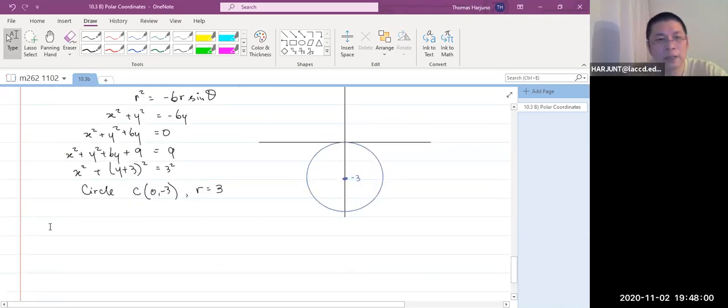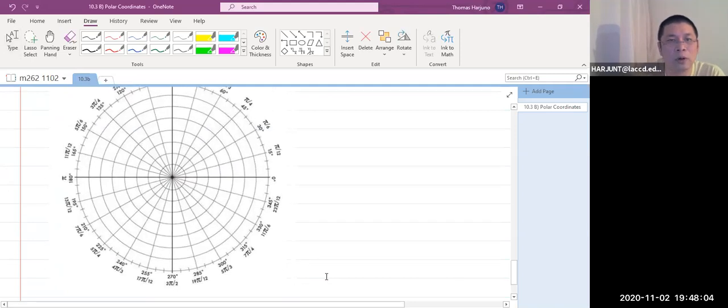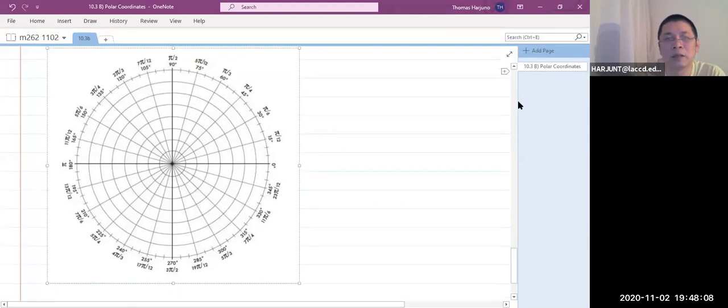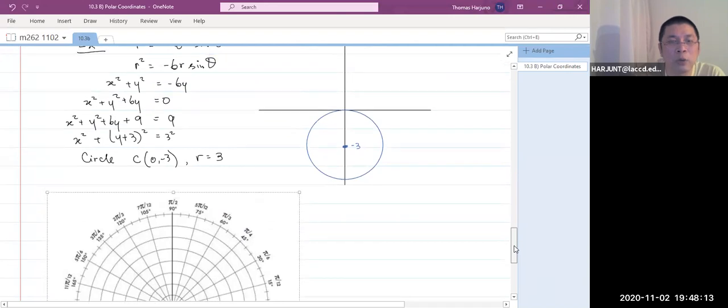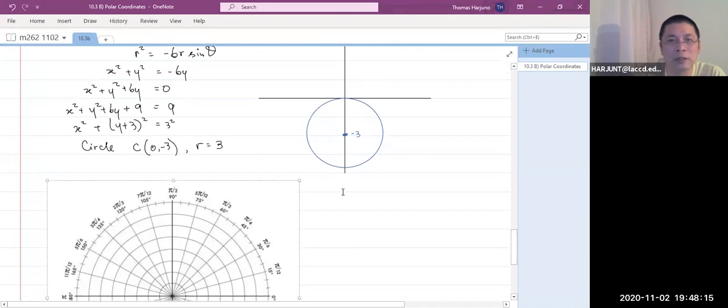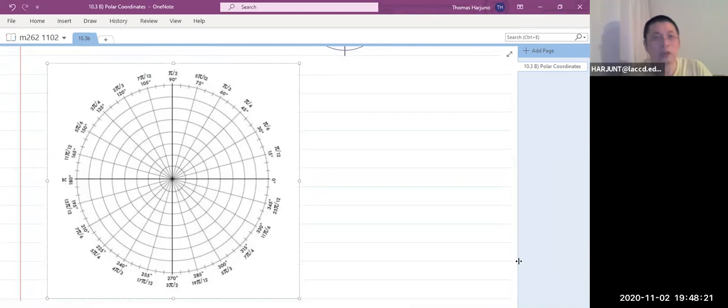Can we graph this on the polar coordinate system instead of simply the rectangular one? In other words, we want to get the same graph like this. Now let's point out first the radius.